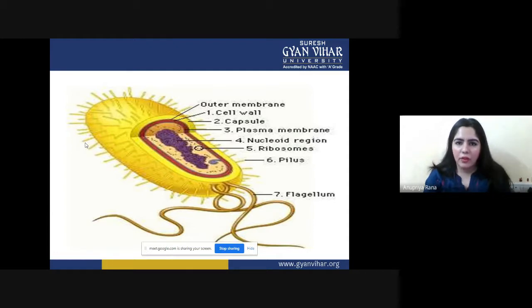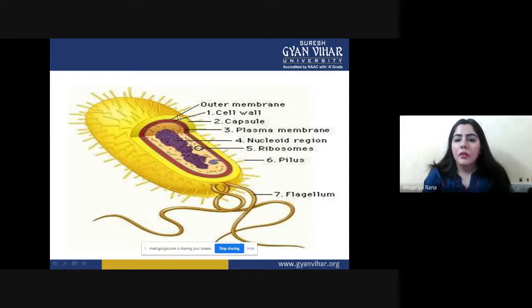This is the structure of a simple prokaryote cell. You can see this is the outer membrane. The whole cell has to be covered by a membrane, called the outer membrane. In the case of a plant prokaryote cell, there will be a cell wall outside, covering the entire cell membrane.